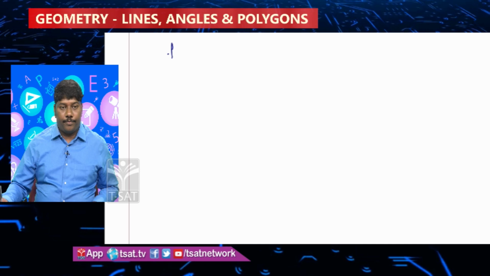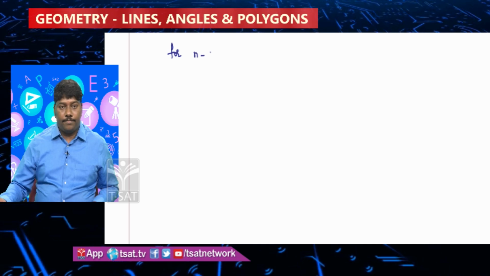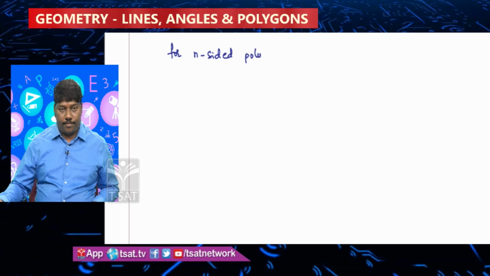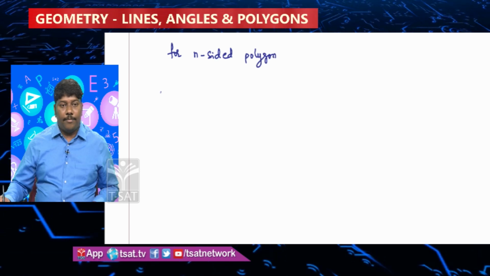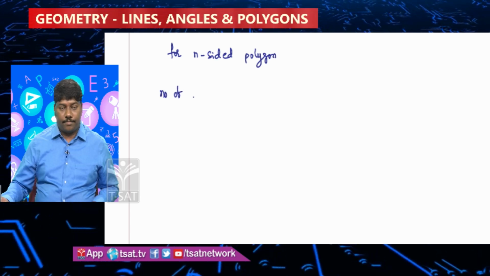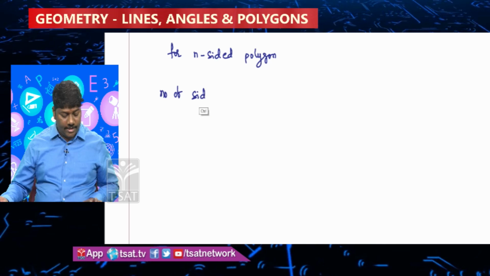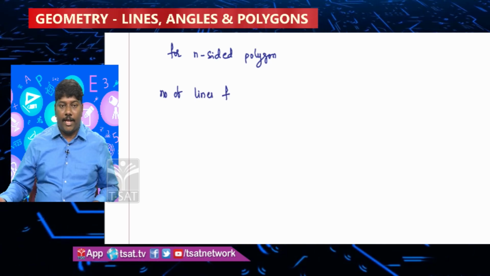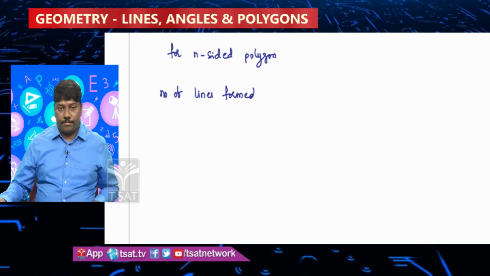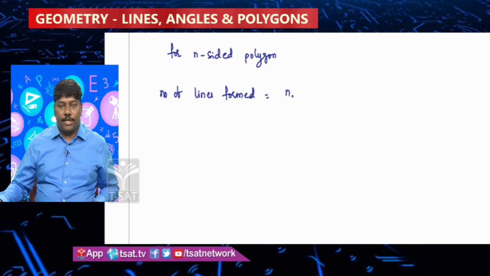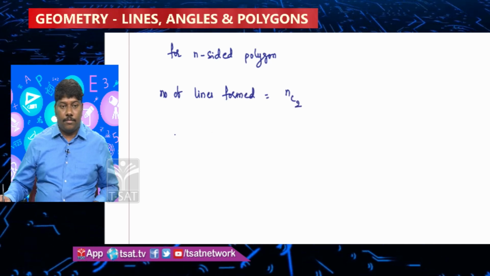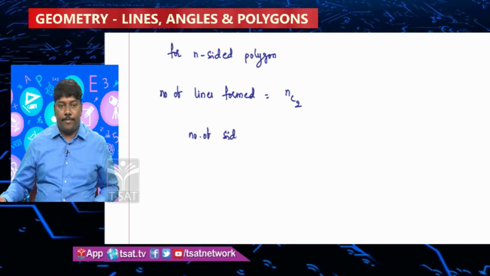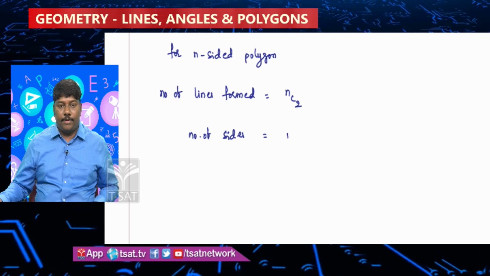So, for an n-sided polygon, the number of lines formed is equal to nC2, and the number of sides is n, since it is an n-sided polygon, so the number of sides or vertices will be n.